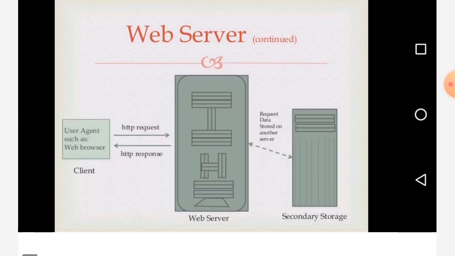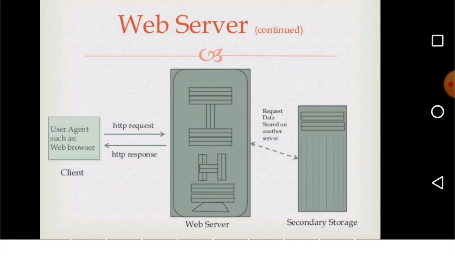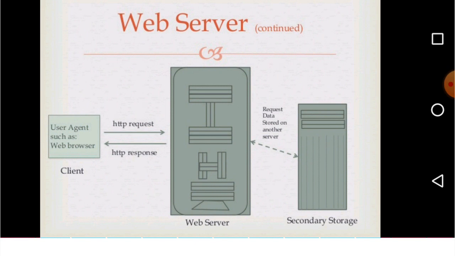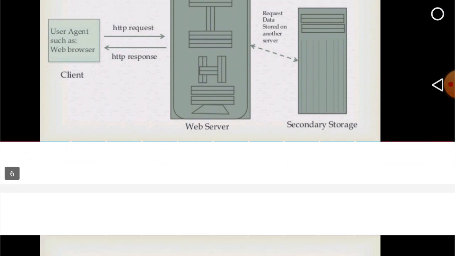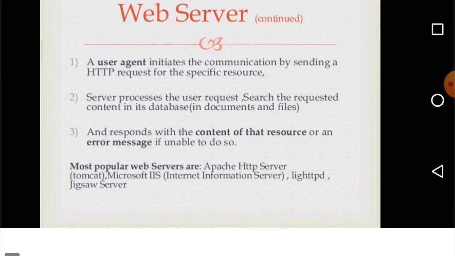This is the web server diagram. You can see the client, web server, and secondary storage in the picture. Next, a user agent initiates the communication by sending an HTTP request for a specific resource.